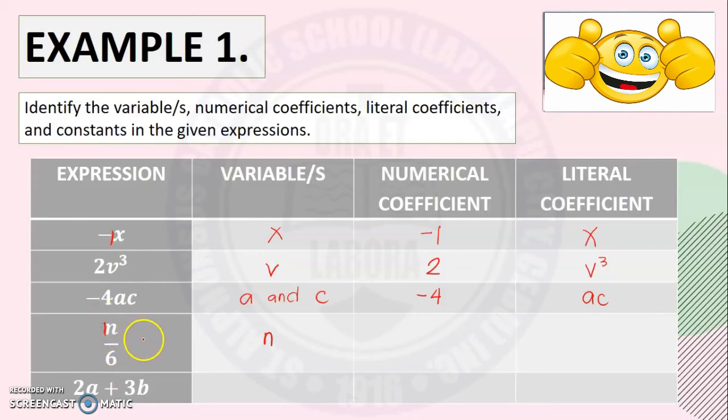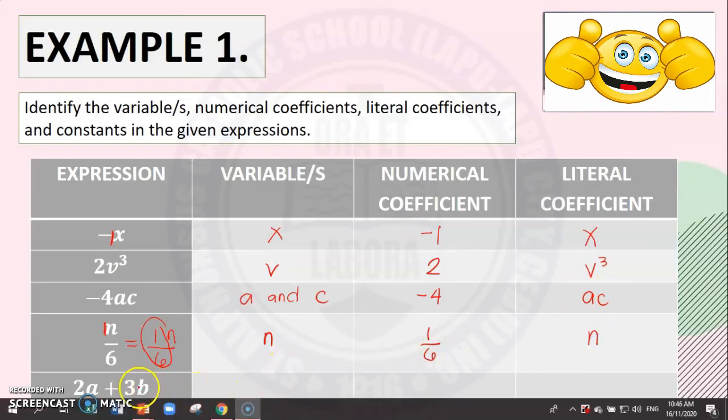It is already understood that when a literal coefficient has no number beside it, there is 1 as its numerical coefficient. So if we are going to rewrite n over 6, this is just equal to 1n over 6. So that means our numerical coefficient is 1 over 6. Our literal coefficient is n.